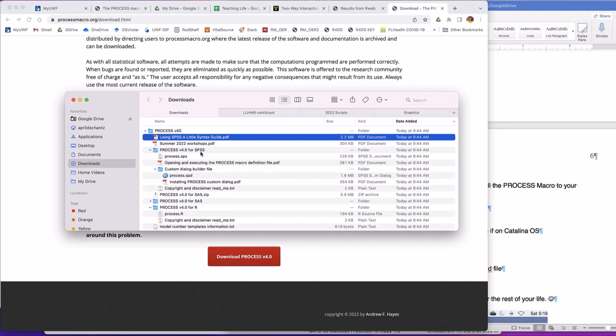In process 4.0 for SPSS, you'll have the syntax, and this is the macro right here. Process SPD is what you're after. Here I have it unpacked and ready to go in my downloads folder. All I did was download and unzip the folder so far. And this is the one I'm after in the custom dialog builder folder.